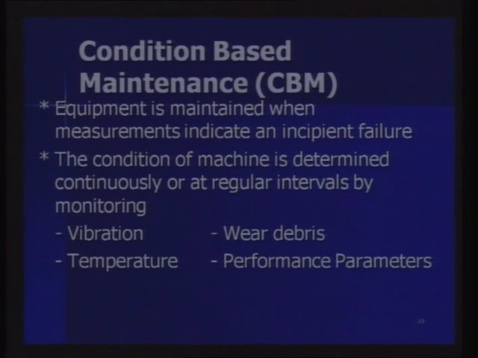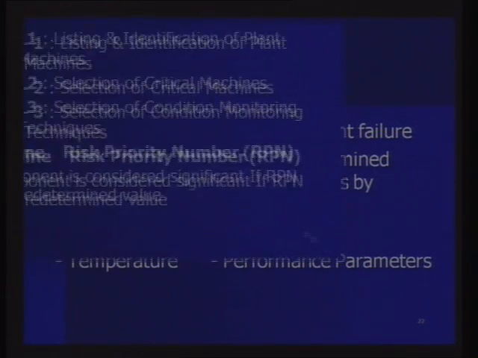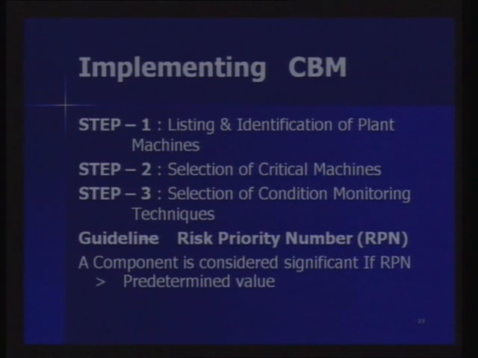The name itself indicates condition based monitoring and maintenance. We can implement CBM in a number of steps, starting with the identification of the plant machines, and there are various steps for that.